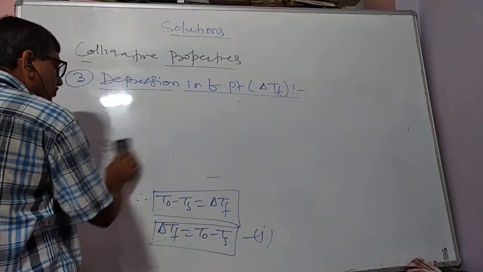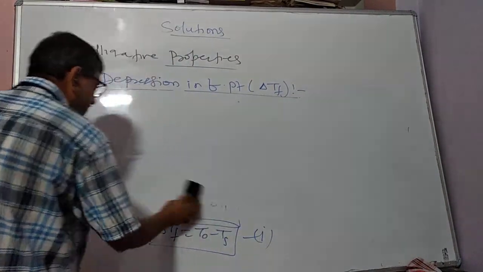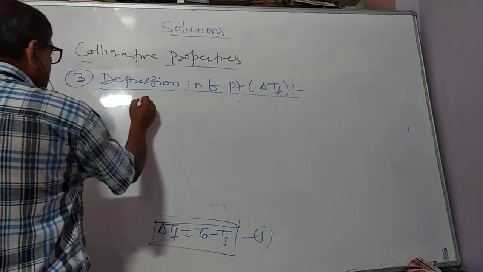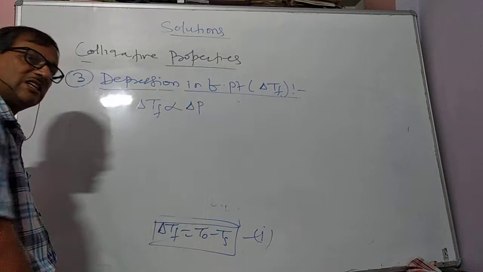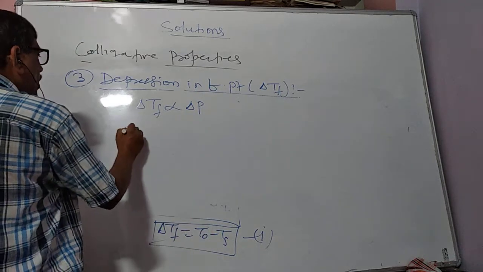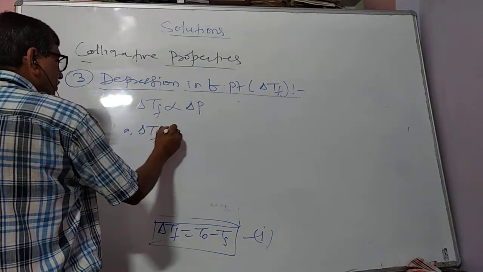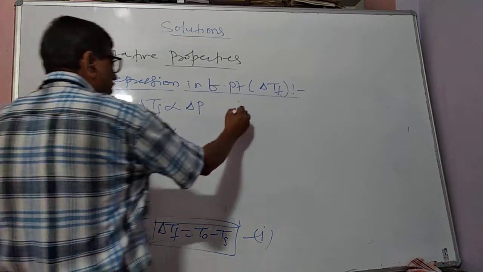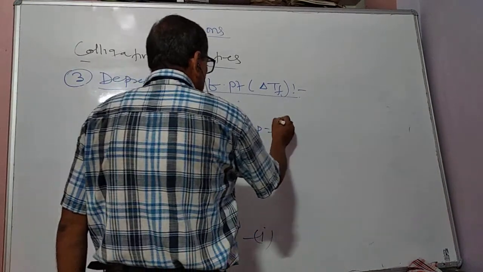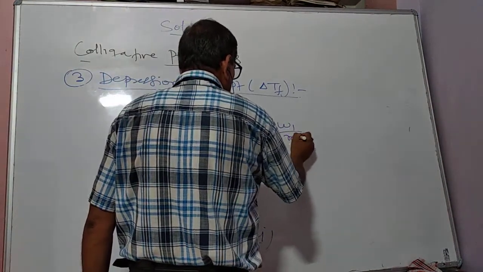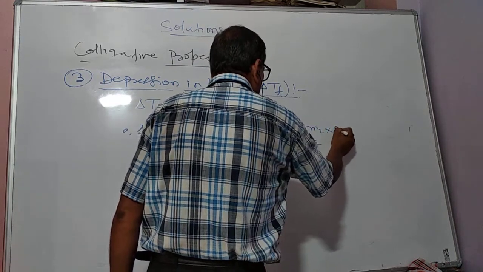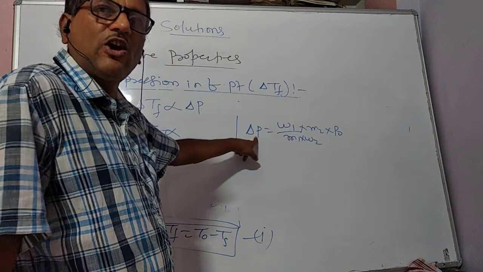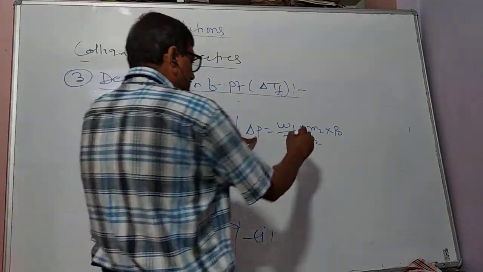So delta Tf is proportional to delta P, and we know the relative lowering in vapor pressure is W1 by M1 into M2 by W2 into P0.